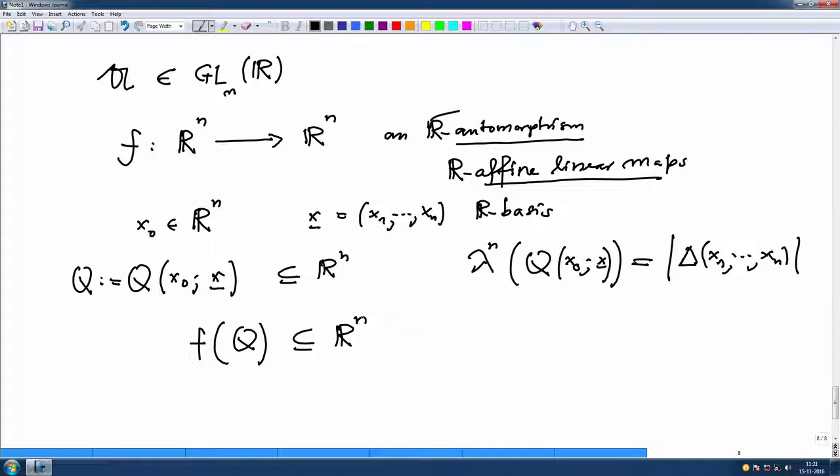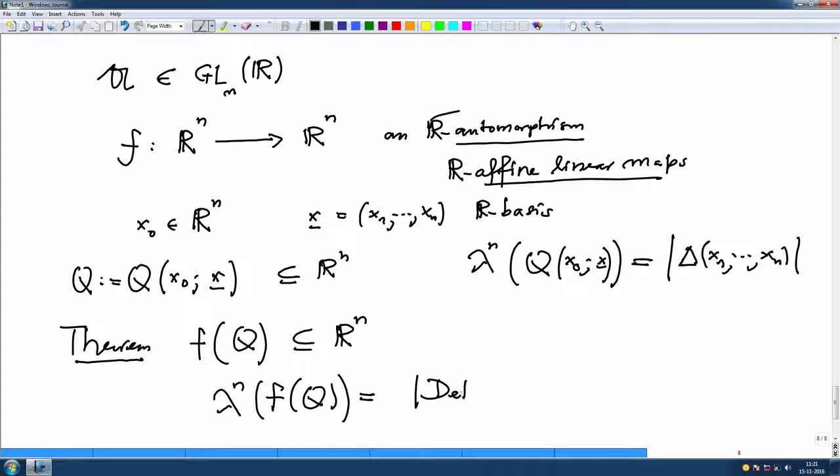We already know Q has a volume, lambda n of Q exists. So this should also have a volume, and how do we compute that volume? This is the theorem: lambda n of f(Q) is nothing but the mod of the determinant of f times lambda n of Q.